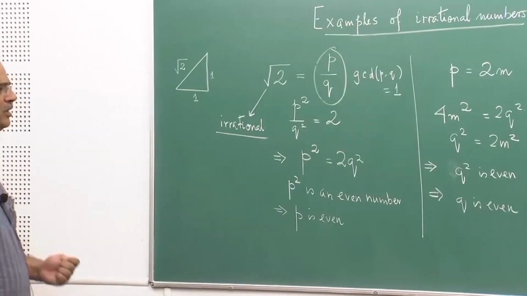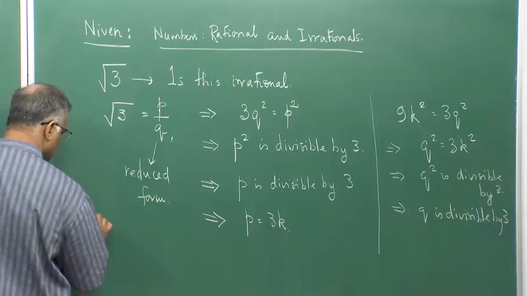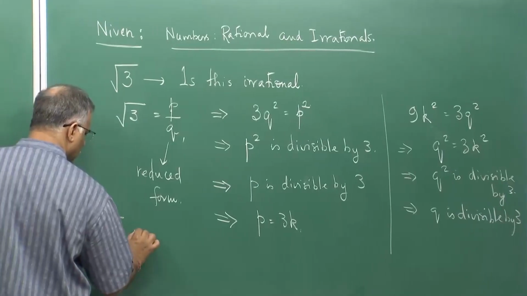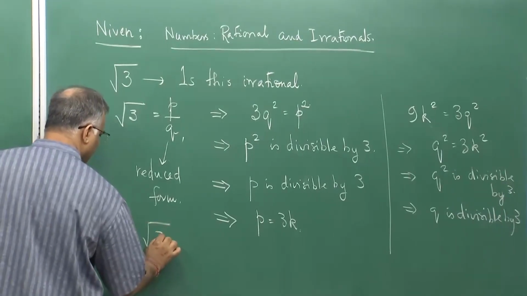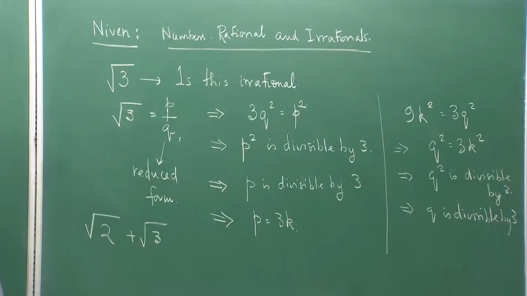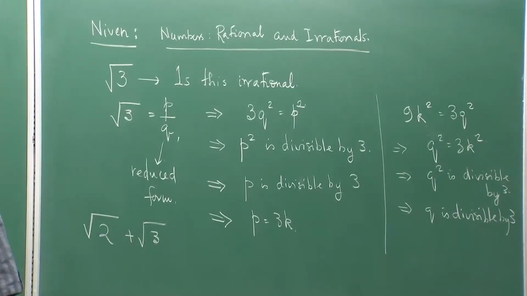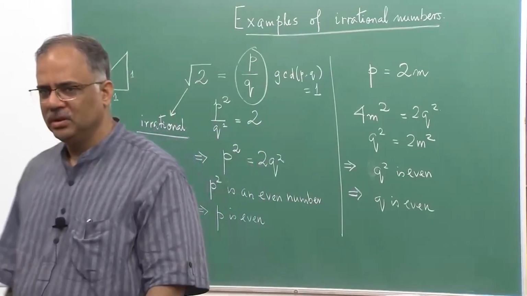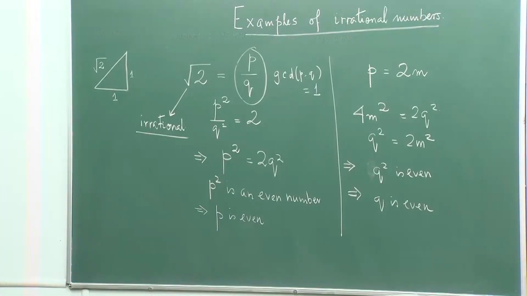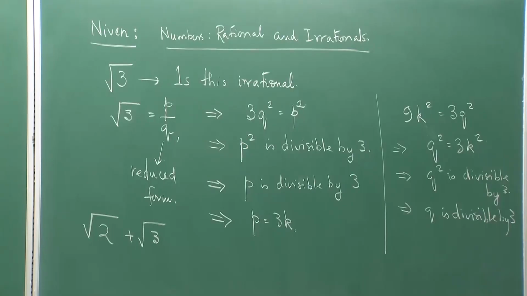Now, Niven asks you another question. What would happen if I add these two numbers, will they be rational or irrational? Because you might say, oh, you are adding two irrational numbers, you will get an irrational number.